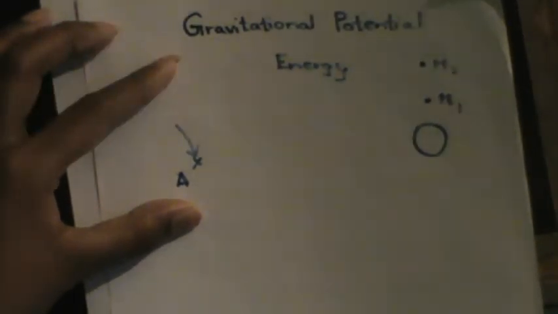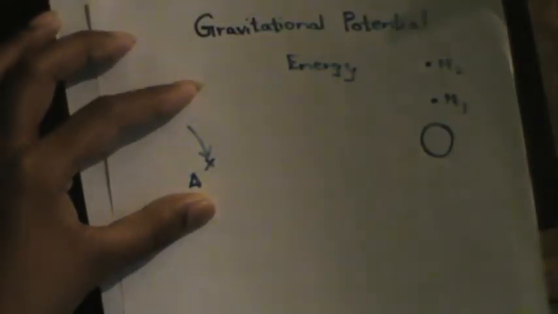At infinity, the gravitational potential energy of this object is also infinity, because W equals mg times h. So when h is infinity, W equals mg times infinity, which is also infinity. So the gravitational potential energy at infinity will be infinity, and the gravitational potential energy at some point A here will be of some value, but that is a finite value, right? So don't say that infinity is a finite value. Infinity is just a concept, right?